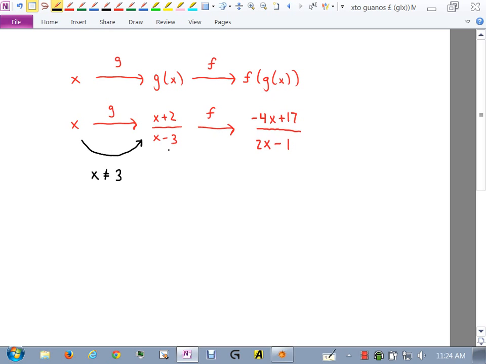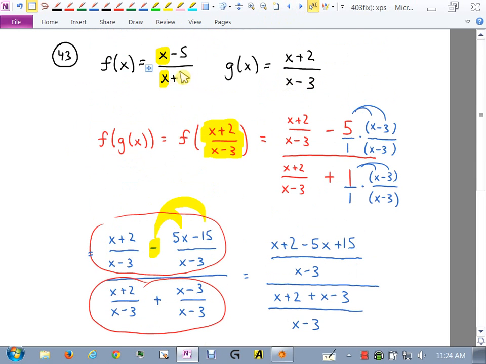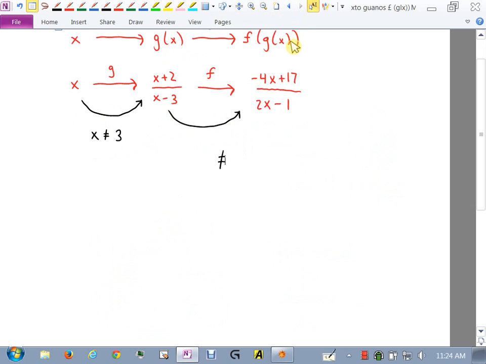Now, when we take something and plug it into F, what can we not plug into F? So let's go look at F real quick. Here's F. What could not be plugged into F? Negative 1, right? So that means this can't be negative 1. But what can't be negative 1?